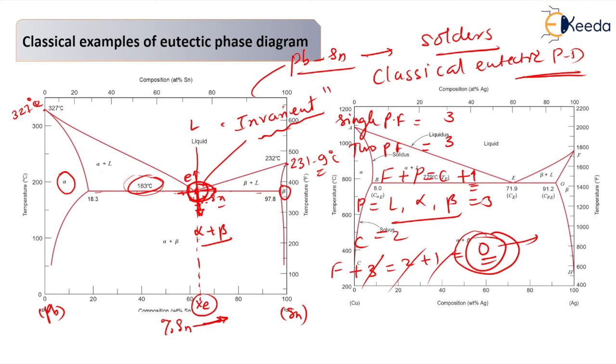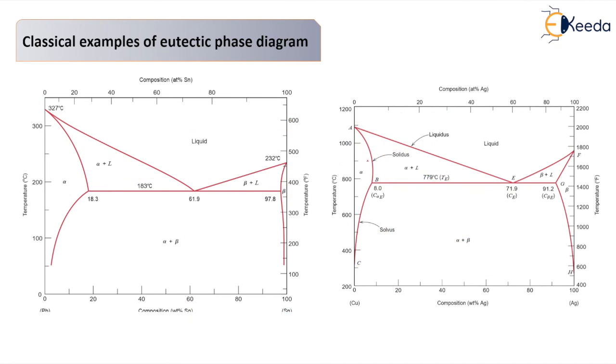Suppose I consider a two phase field like this, alpha and beta, or this alpha plus liquid. So what phases do we have here? How many phases for two phase fields? If any of the phase fields, say alpha plus liquid, how many phases are there?